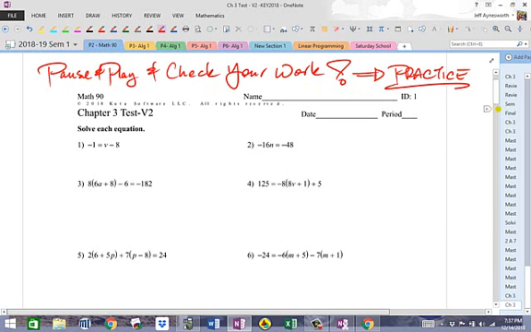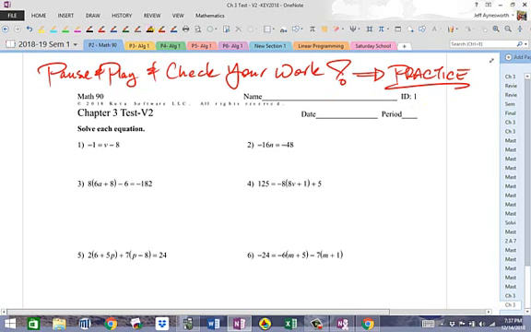Most kids, the reason why they don't do well is they never check their work. That's one of the most common things I see in mathematics in high school, is that people flat out just don't check their work. And they don't realize that they're doing it wrong. And then they learn the hard way in the test. So be smart, be wiser, and check your work.